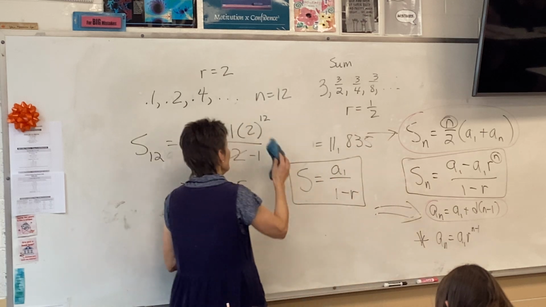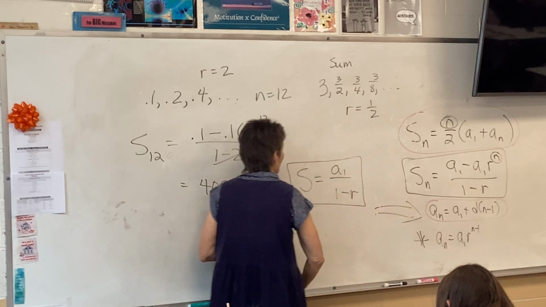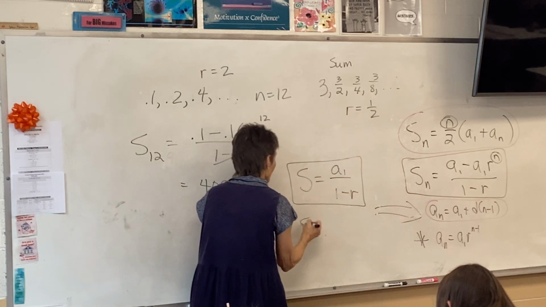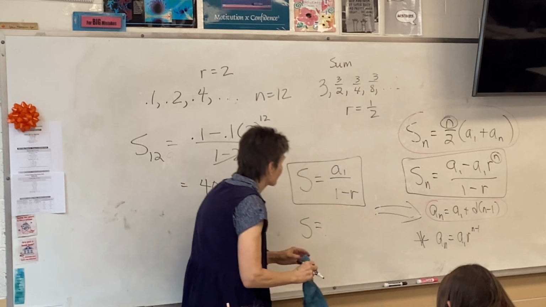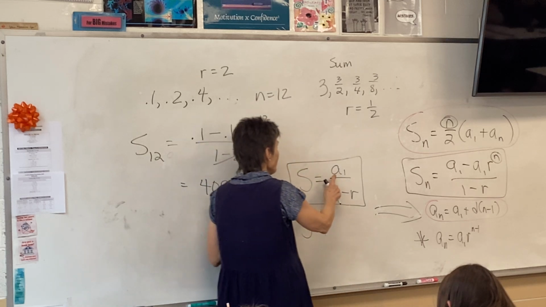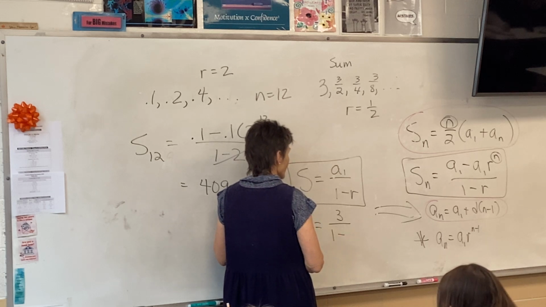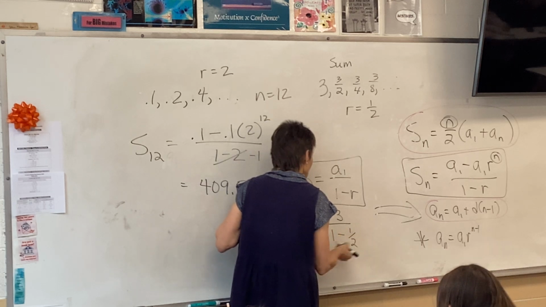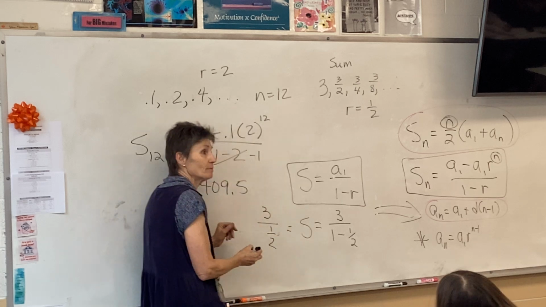Can we do that problem now that we know we have a formula? Well, what will S equal? What's A sub 1? 3. What did you say your ratio was? 1/2. So that's 3 divided by 1/2?